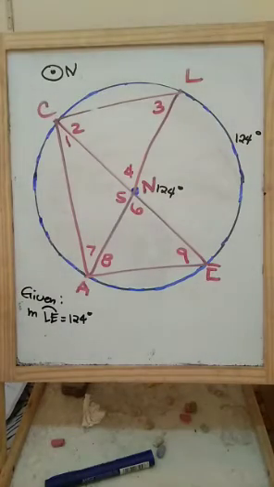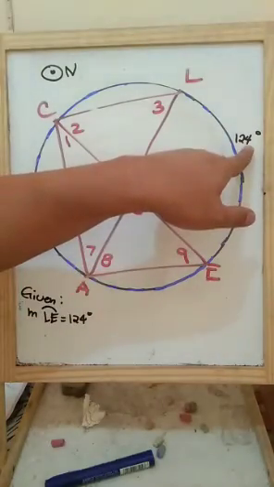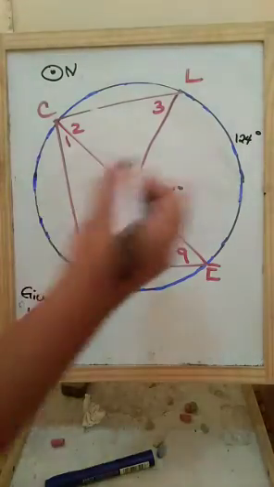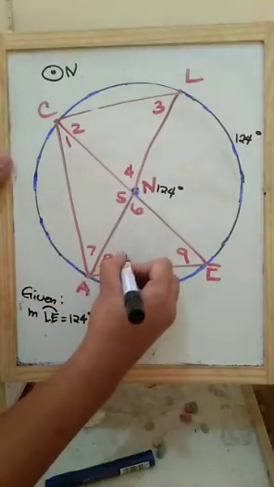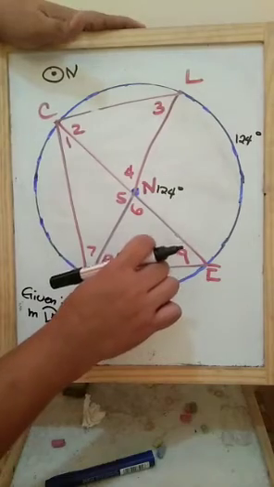Okay, so from the previous theorem, it is told that half of your arc here would be the measurement of this particular inscribed angle here. So, half of 124 is 62. So, this would measure 62 degrees. Ulitin ko, bakit naging 62 degrees siya? Kalahati.